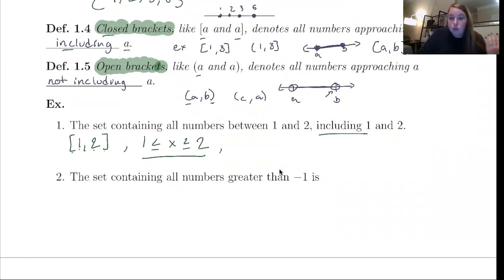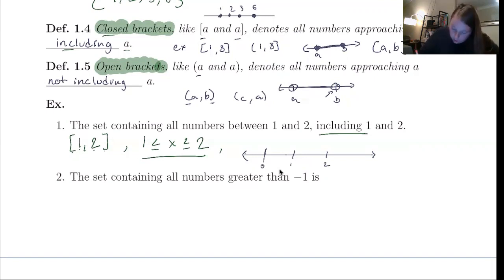And then if I wanted to draw it on a number line, bring out the blue. I'm going to draw a really long line, draw my arrows. I will usually put 0 off to whichever side I need it to be. 1, let's space this out a little bit, 1 and 2. I'm not an artiste. So then they're closed brackets.